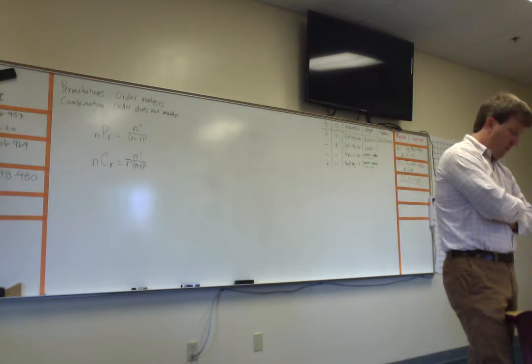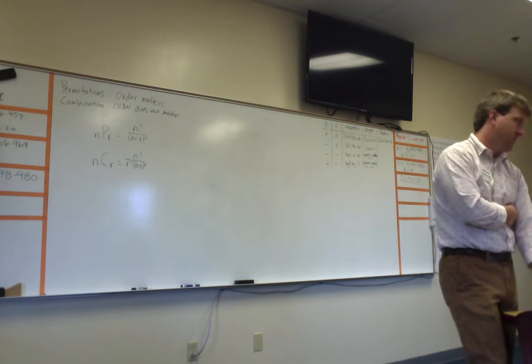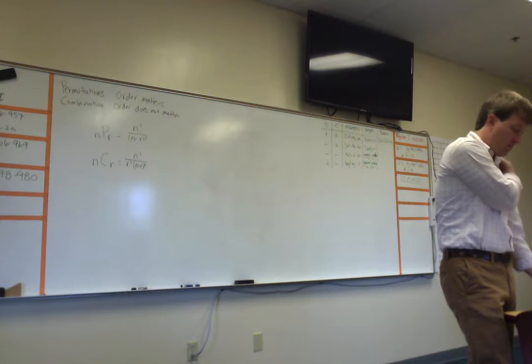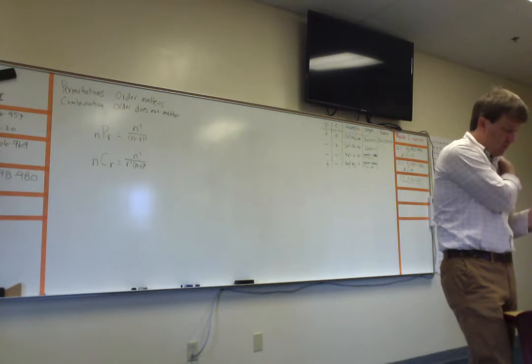All right. So now we're going to talk about how to deal with probability of multiple events. We've been dealing with probability of just a single event. So let's take a look on 985.